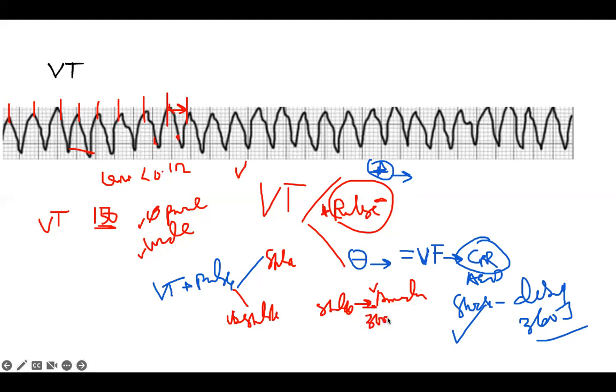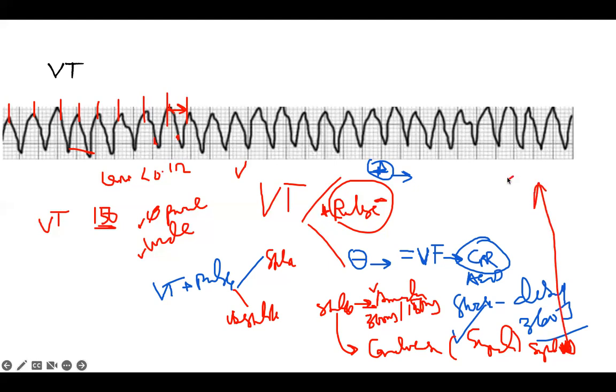And the dose is 300 milligrams followed by 150 milligrams. And if they still don't convert, then you go to cardioversion. Synchronized. And this is synchronized cardioversion. You have to put the sync mode on. Once again, put the sync mode on. And the energy is like 50 to 200. So 50 and 200. That's the energy. Put the sync mode on.